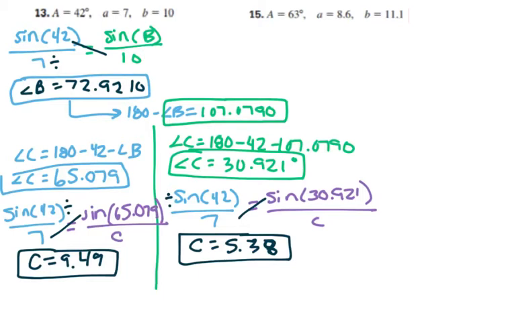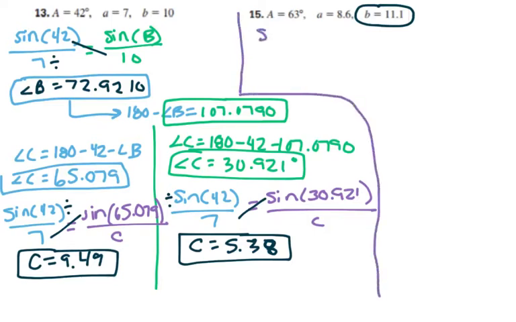Alright, so the next one says that it's not possible in the answer key, so we're going to just start like we didn't know that and see. It's probably because B is 11.1, so we'll see. So, starting this one out here, we've got some space, sine of 63 over 8.6, and we're going to set that equal to sine of, we don't know, for B, over 11.1.